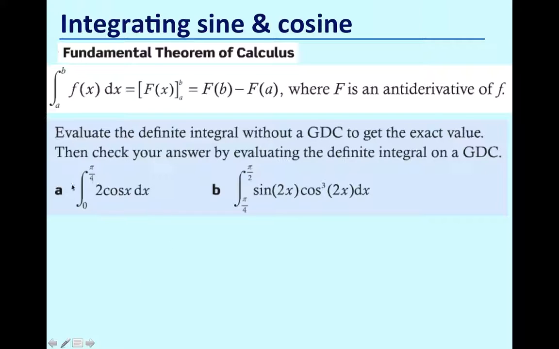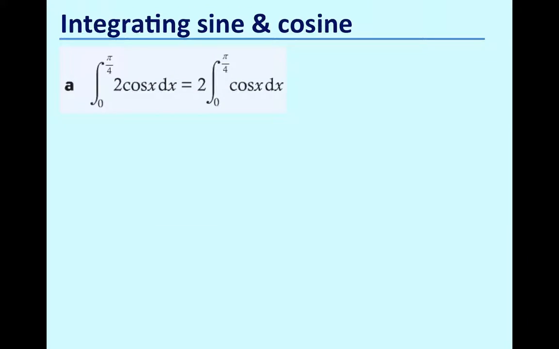So for question 1 here, we want to find the integral of 2 cos x with respect to x. So we're going to take out 2 as a constant, and be left with 2 multiplied by the antiderivative of cos x dx, which we know is sine x.